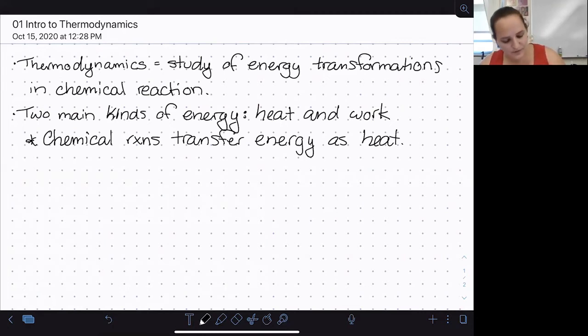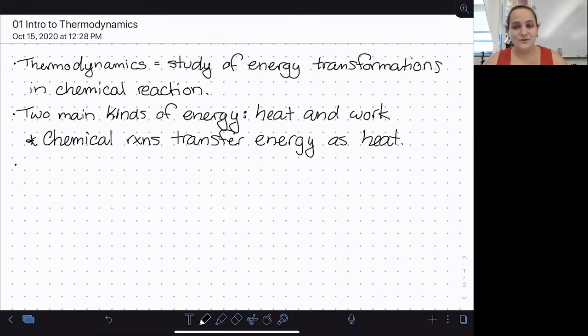So the first thing to think about with heat is what happens when substances of different temperatures come together. For instance, putting a mug of hot coffee on a desk and just leaving it there.